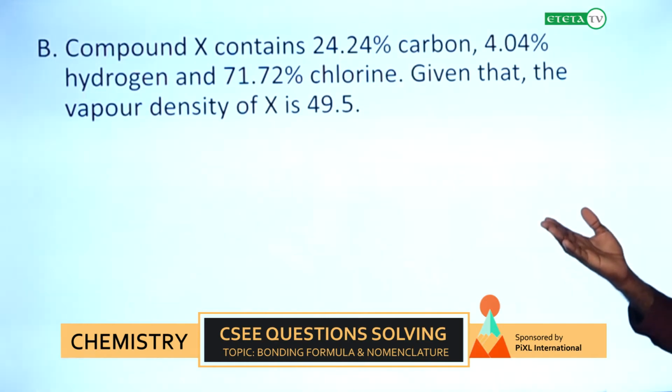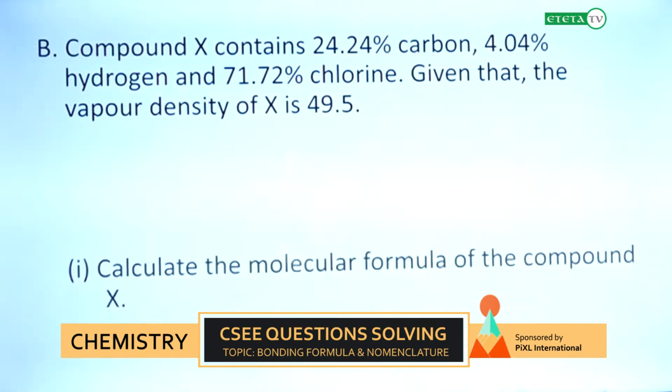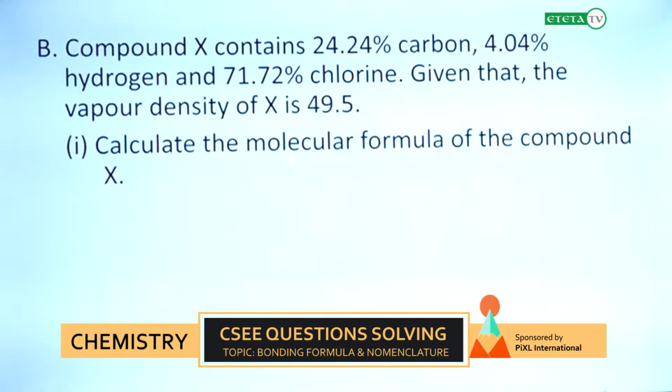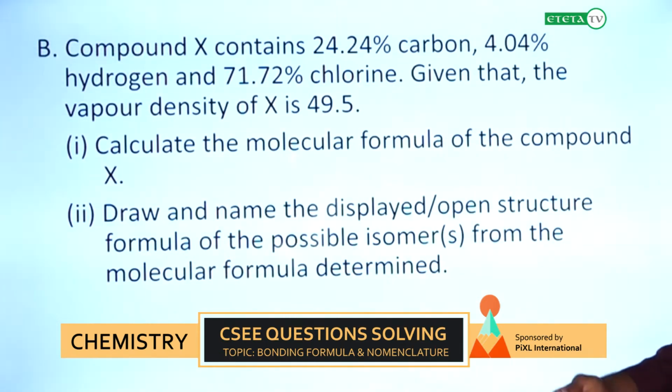Given that the vapor density of X is 49.25, Roman 1, calculate the molecular formula of the compound X. Roman 2 says, draw and name the displayed or open structural formula of the possible isomers from the molecular formula determined. So these are two questions from question number 9B.